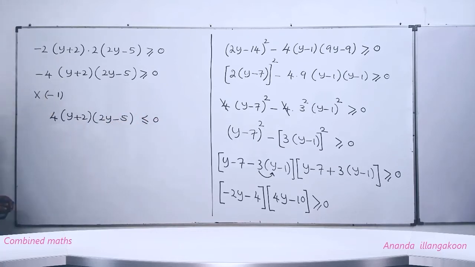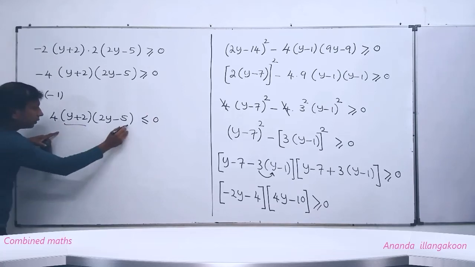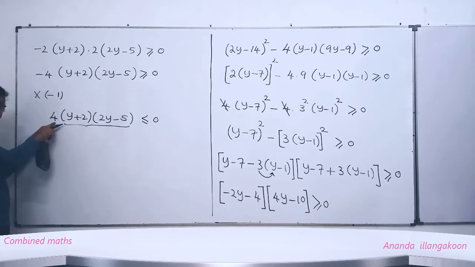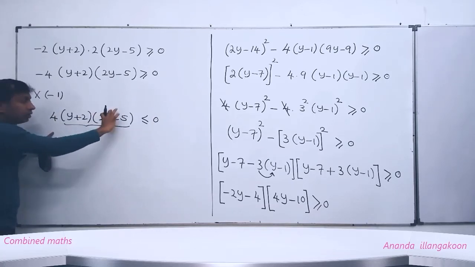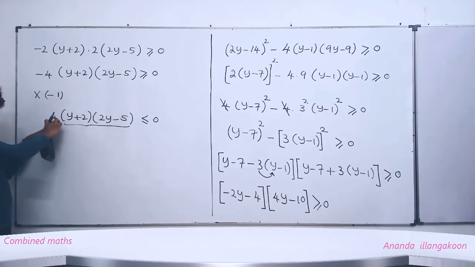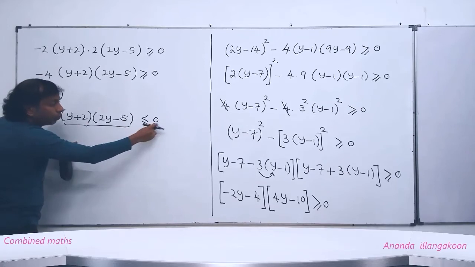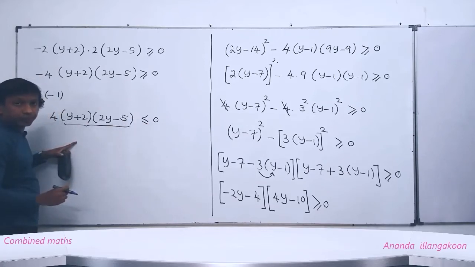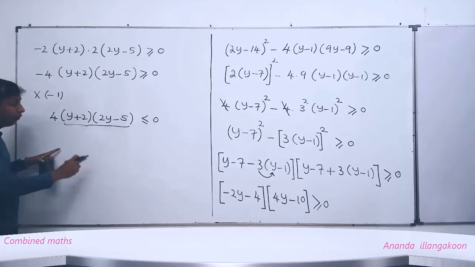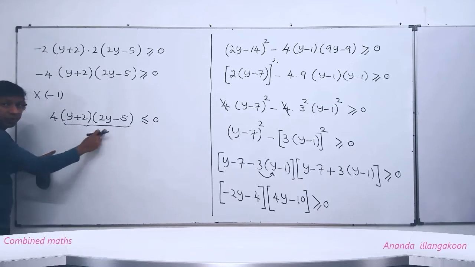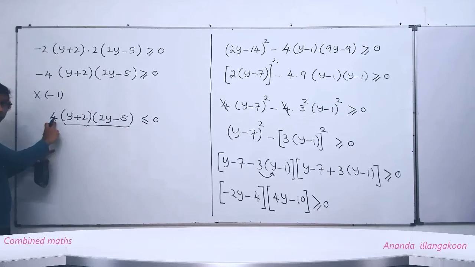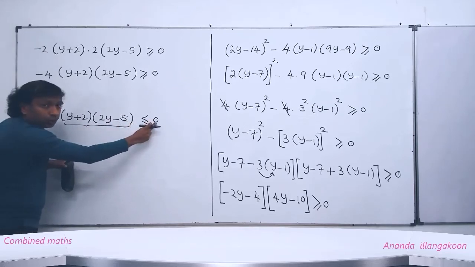Right. Here, when you multiply this with this 4, this is a number, no? This number we multiply with this 4. Then our answer is negative or 0. Then what could be the values this can take? When we multiply it by this 4, the answer is either negative or 0.